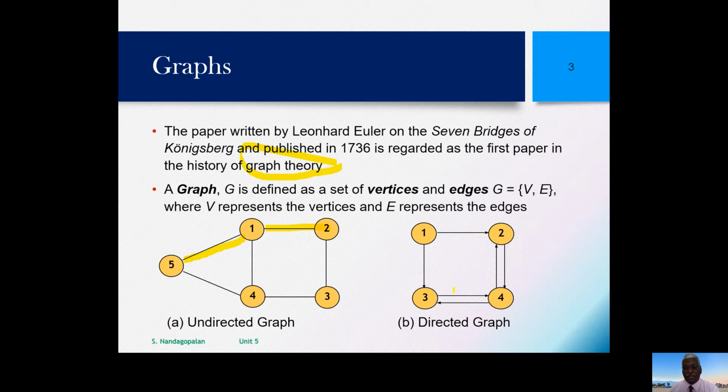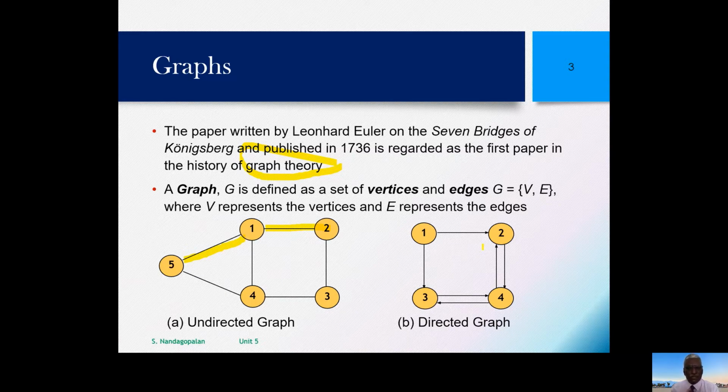Similarly, if I consider 3 and 4, I can travel from 3 to 4 as well as from 4 to 3 because I have an edge from 3 to 4 as well as 4 to 3. So this is called directed because I have some direction or directed edges being shown between any two vertices.